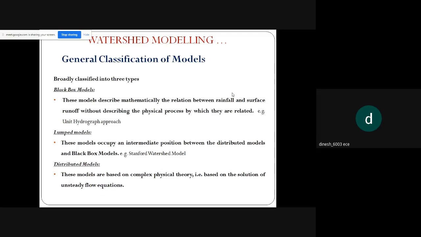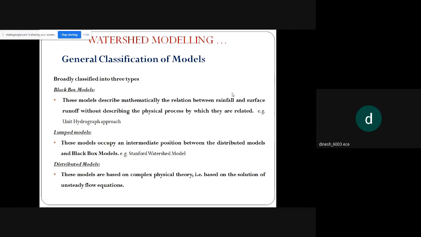So there are three models that classify the watershed modeling. One is the black box model, second is the lumped model, third is the distributed model. The black box models describe mathematically the relationship between rainfall and surface runoff without describing the physical process by which they are related. Example, a unit hydrograph approach.